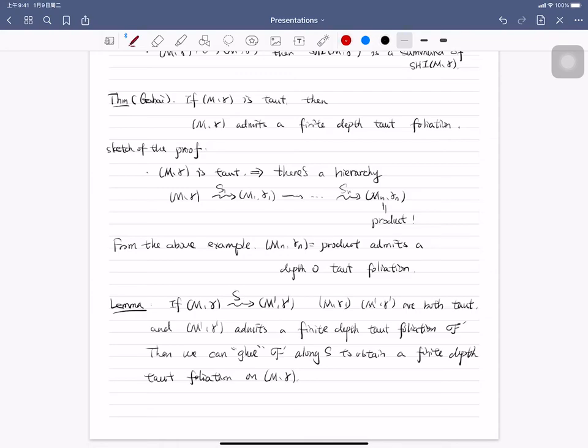So if after the decomposition there's a finite depth Taut foliation, then we can glue it along this decomposition.